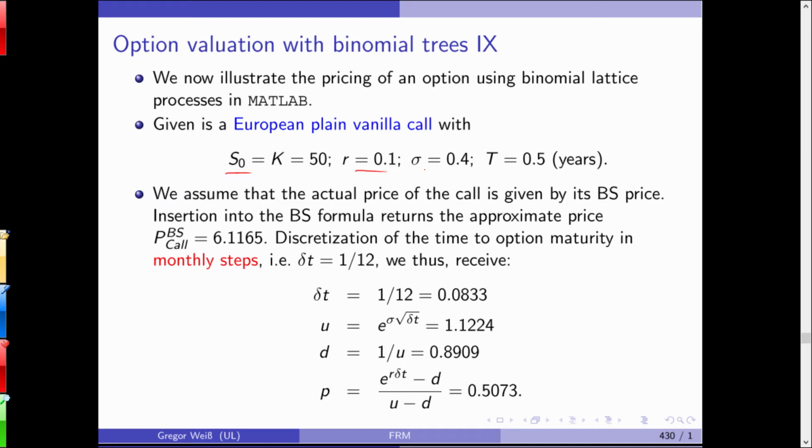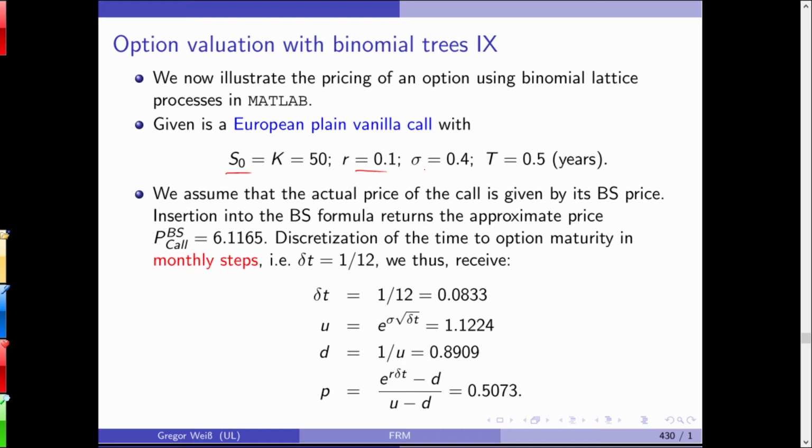It's rather that all traders are applying the Black-Scholes model. So for now, we assume the Black-Scholes price is the true price. If we just insert all these parameters into the Black-Scholes formula, we will get a call price of €6.1165.